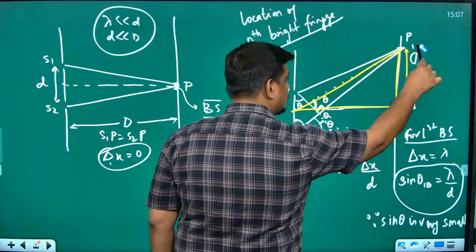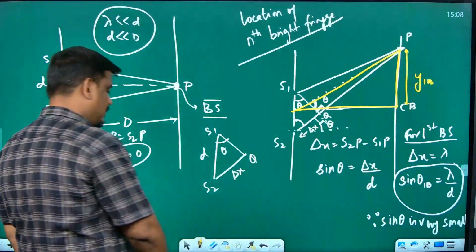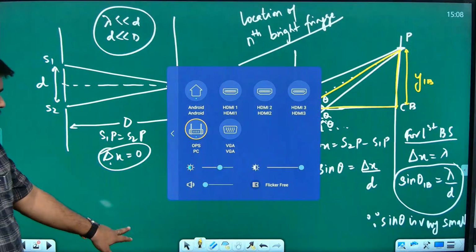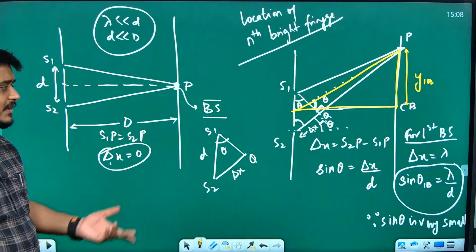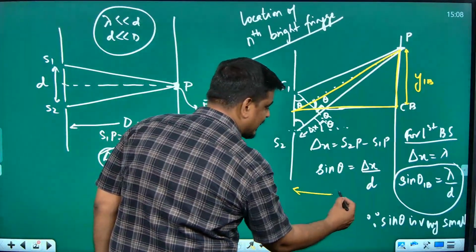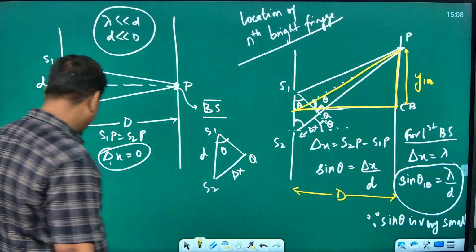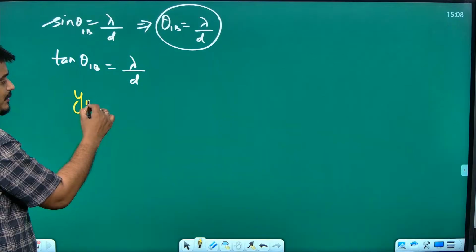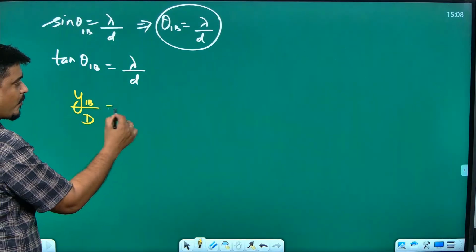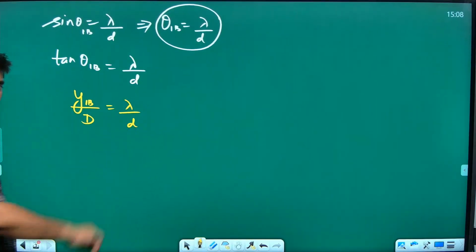Tell me, what is tan theta here? Y1b by the distance between slit and screen, which is capital D, isn't it? So can I write tan theta as y of first bright by capital D? Is it clear to you?